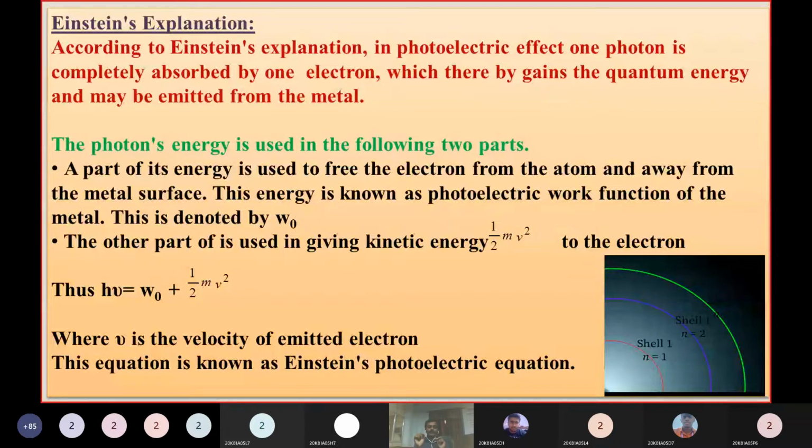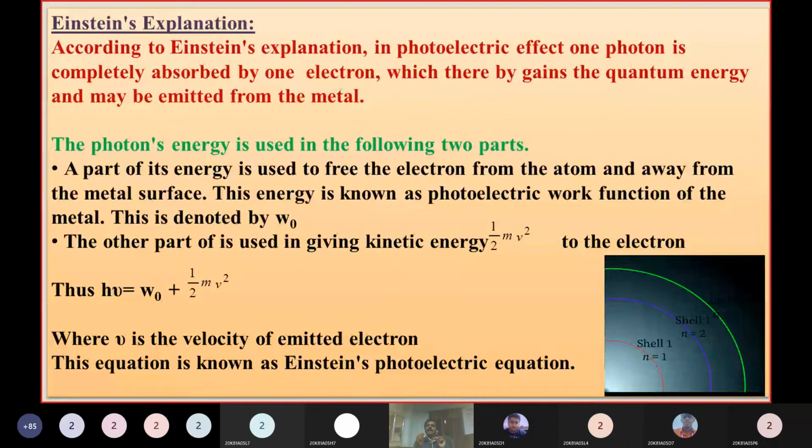So when light is incident on a metallic plate, each packet of light acts as one photon, that means it acts like a particle.